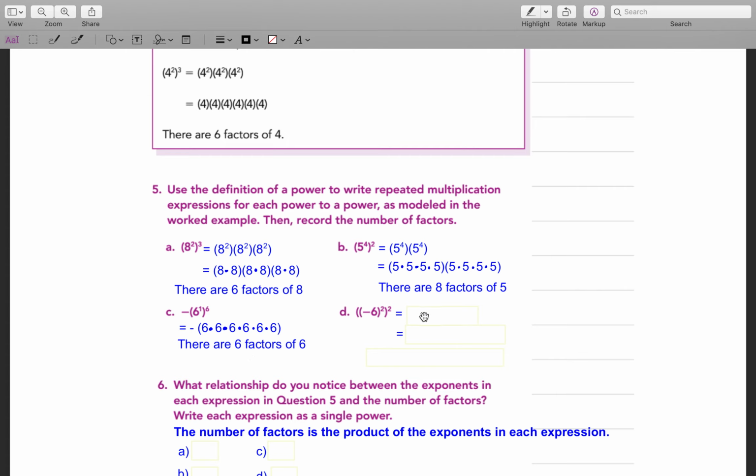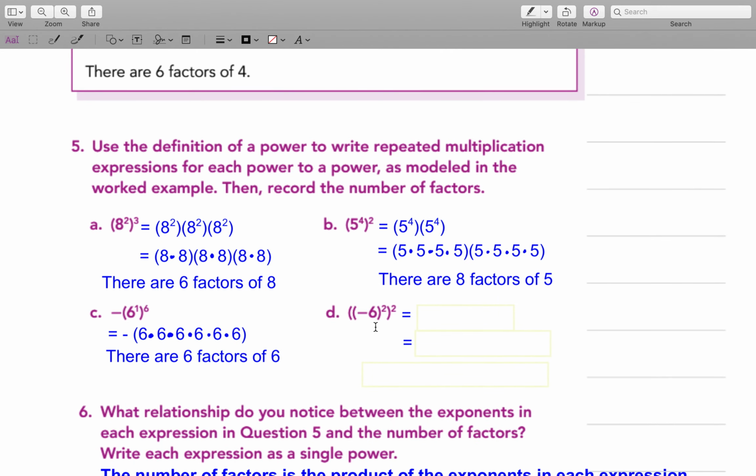Same thing for this. It looks confusing, but if you just take a look piece by piece, we have negative 6. The innermost parentheses number would be negative 6 being raised to the 2nd power. That means negative 6 times negative 6. So that's going to be negative 6 squared being raised to the power of 2.